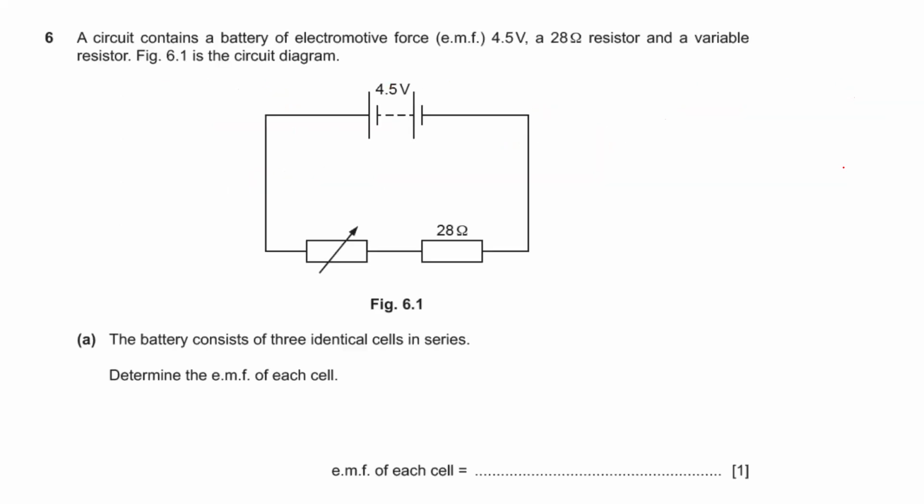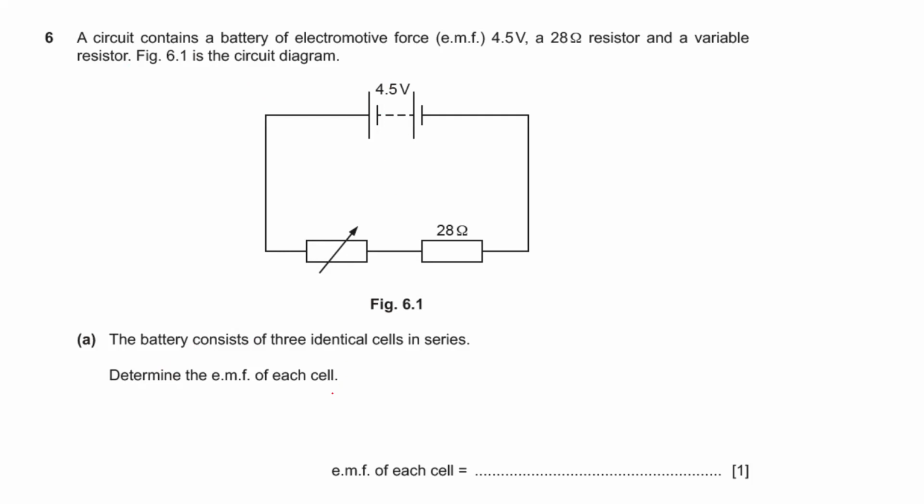Okay, so next question, question number 6. It says a circuit contains a battery of electromotive force, or EMF, 4.5 volts, a 28 ohm resistor and a variable resistor. Figure 6.1 is the circuit diagram. Part A, the battery consists of 3 identical cells in series. Determine the EMF of each cell.